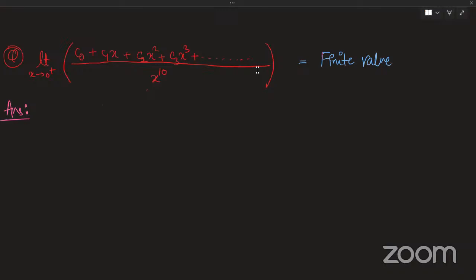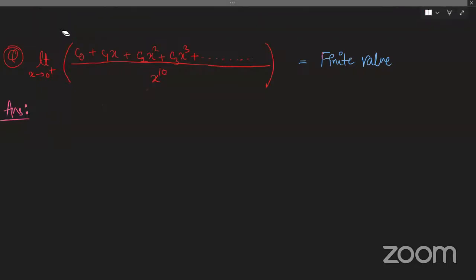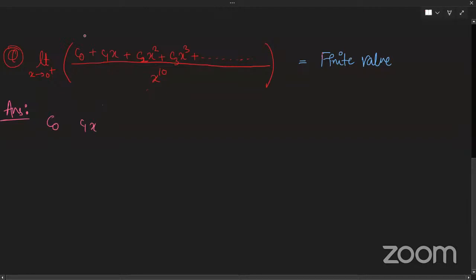Okay, so just look at the terms in the numerator. You have got C naught, C1x, C2x square, C3x cube, C4x raised to 4, and so on.